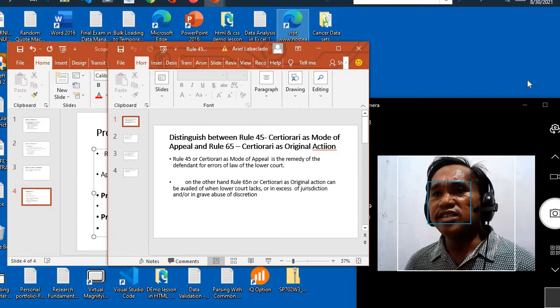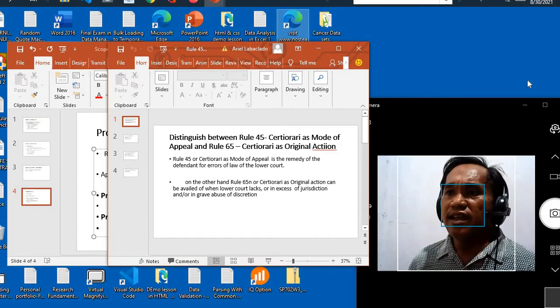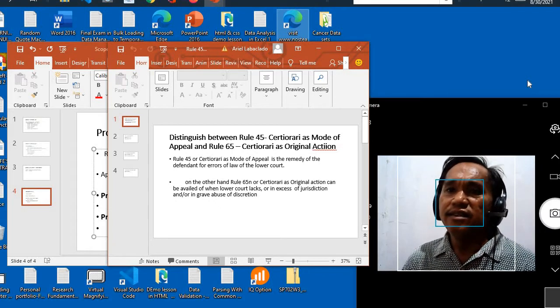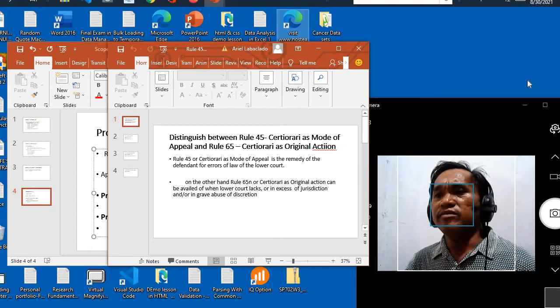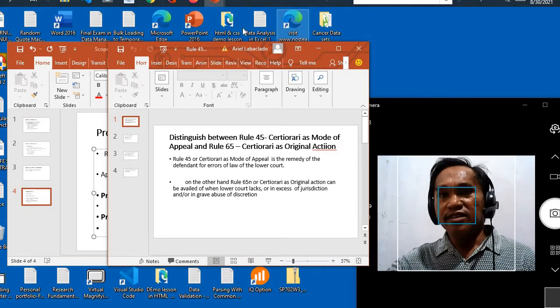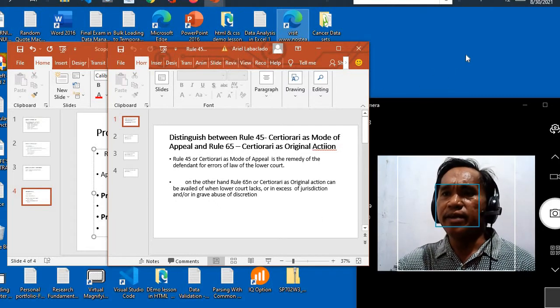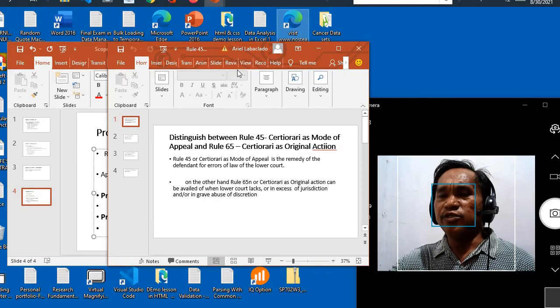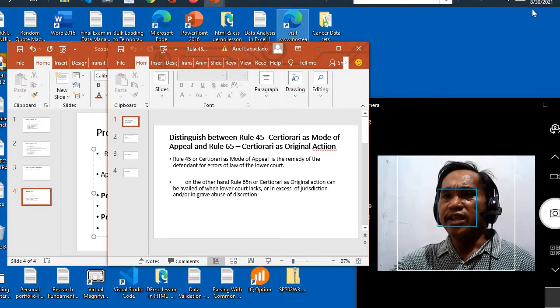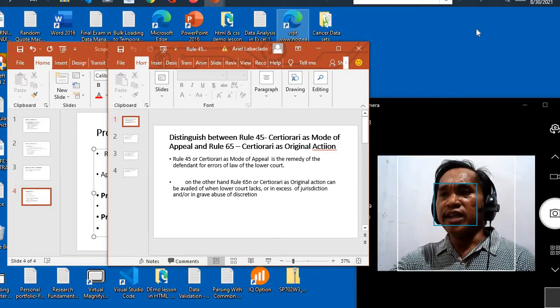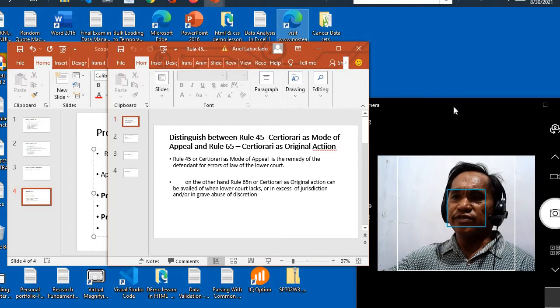The lower court exercised a lack of jurisdiction, in excess of jurisdiction, or the lower court exercised grave abuse of discretion. So that is the distinction between Rule 45 and Rule 65. In Rule 45, that is certiorari as a mode of appeal. Then in Rule 65, certiorari as original action.